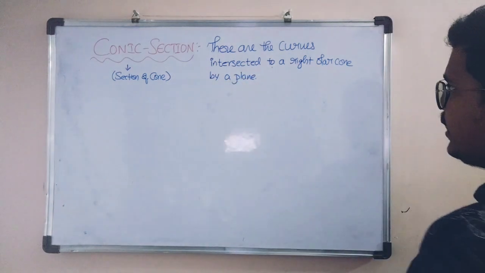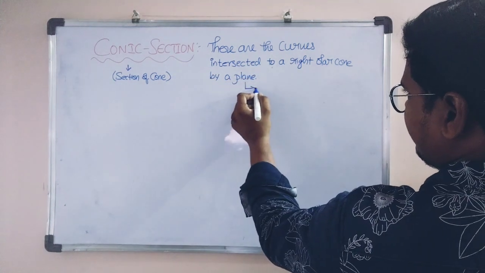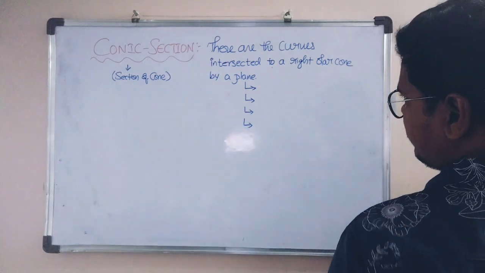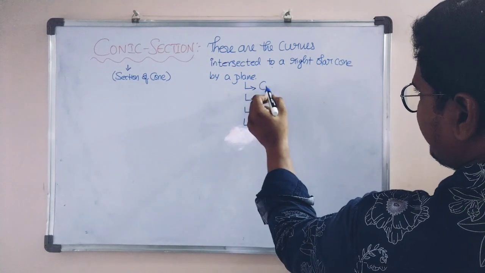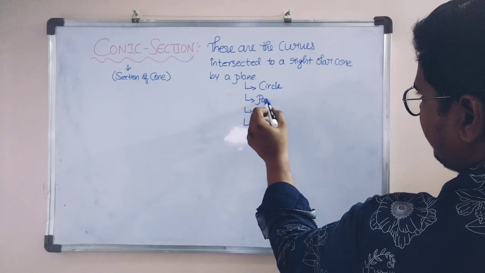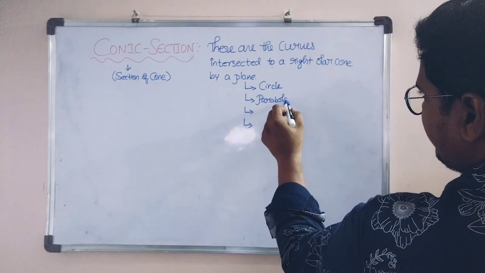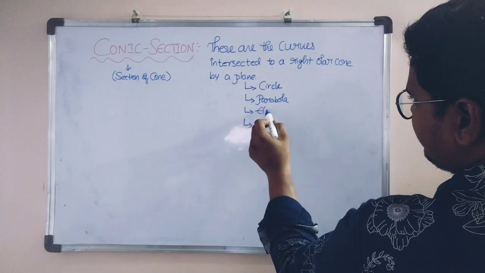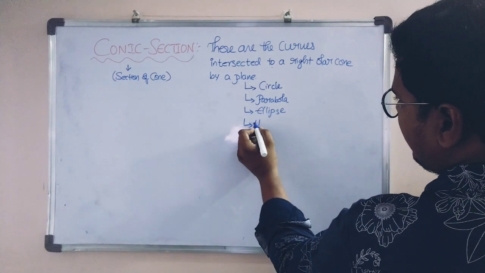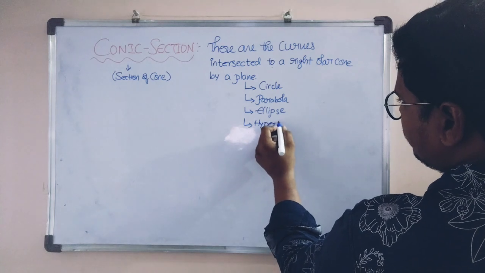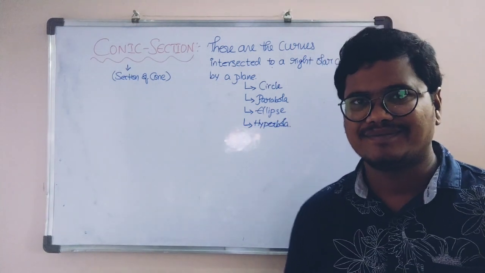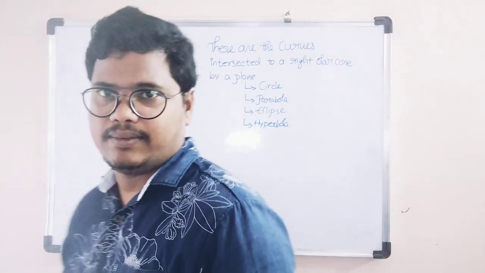Then the curves are as follows. The first one is circle, the second one is parabola, the third one is ellipse, and the fourth one is none other than hyperbola.